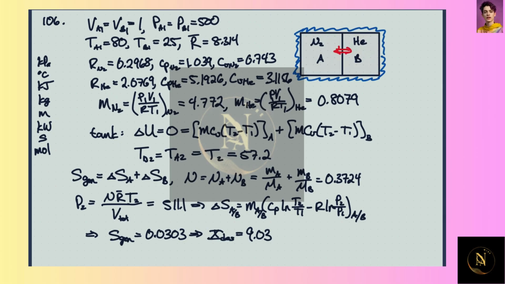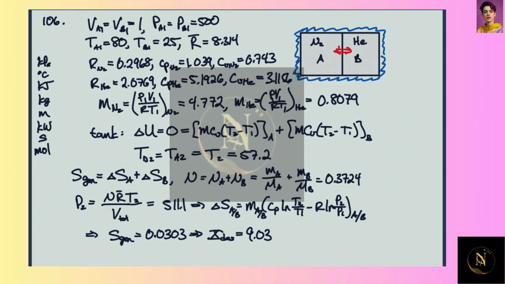Now, to get that pressure, we use the ideal gas law, but we need first the number of moles of gas we have in here total. So the number of moles of gas we have in there is the number of moles of helium and the number of moles of nitrogen. And again, we know the masses of each of these things, and we know the molar mass of each of them.